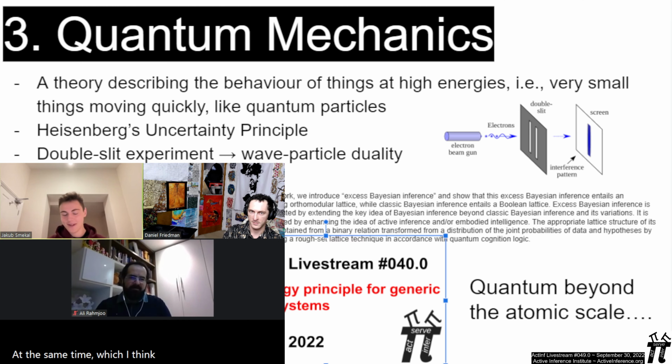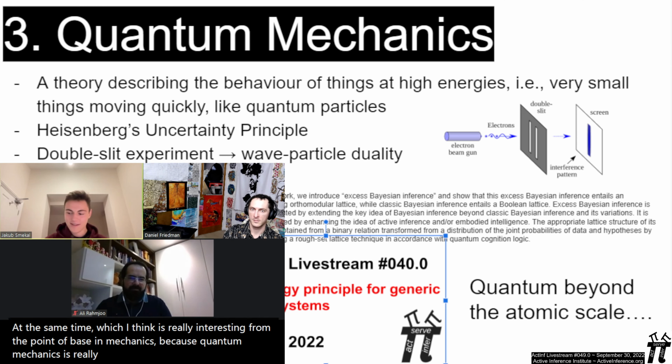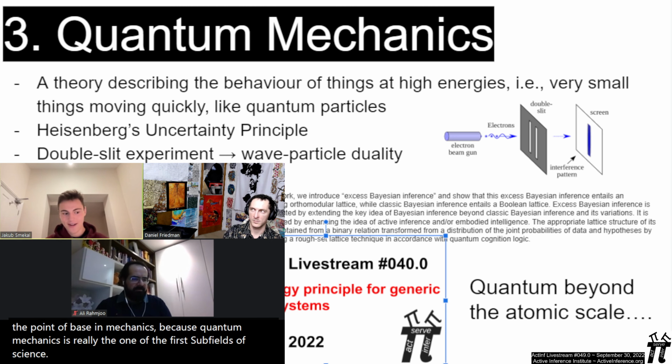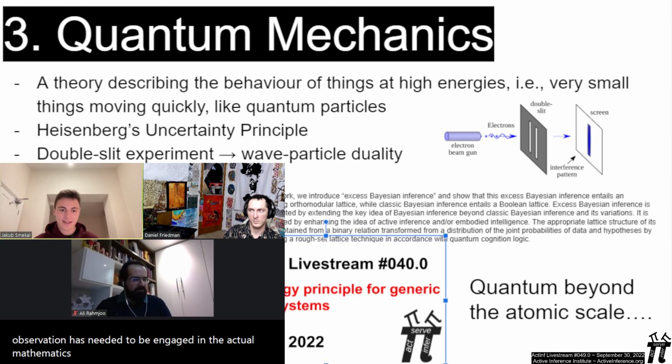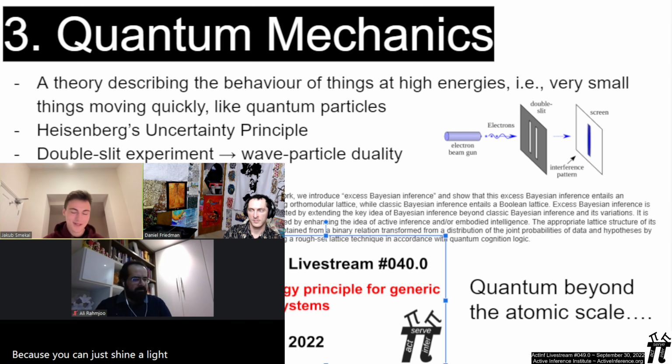which I think is really interesting from the point of view of Bayesian mechanics, because quantum mechanics is really one of the first subfields of science where the notion of an observer and the act of observation has needed to be ingrained in the actual mathematical theory, because you can't just shine a light on an electron, because that will ultimately change the system.